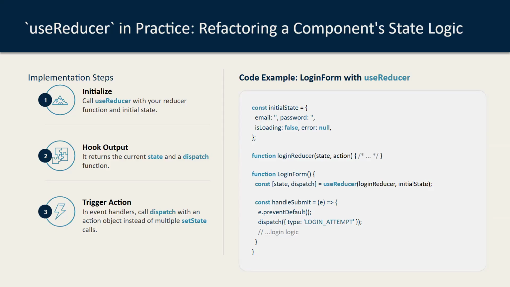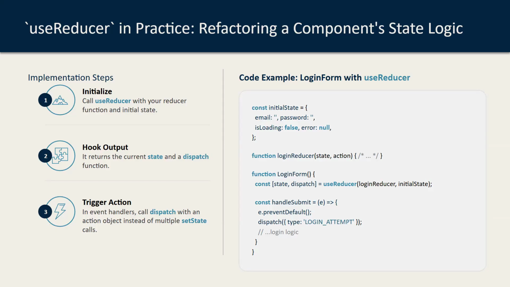So, in this example on the right here, the initial state contains the email, password, isLoading and error variables as well. And then we define the login reducer, which contains the logic for how those values change for different actions. Inside the login form, we just use the useReducer hook and pass in the login reducer and the initial state.